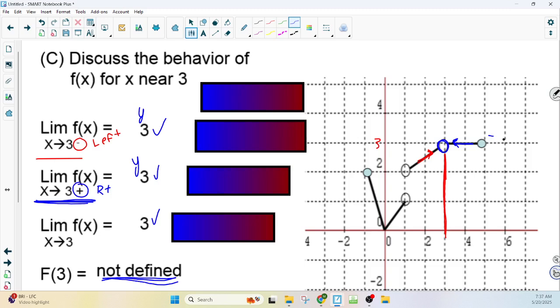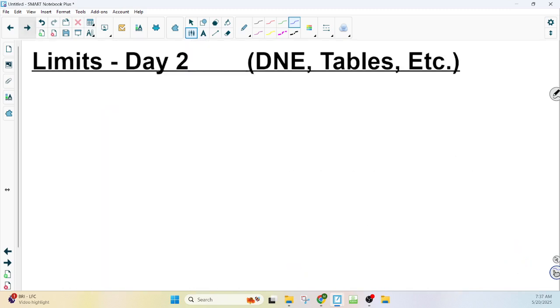So let's just talk about this for a second. There are 3 types of limits that don't exist. The first one we've already talked about.